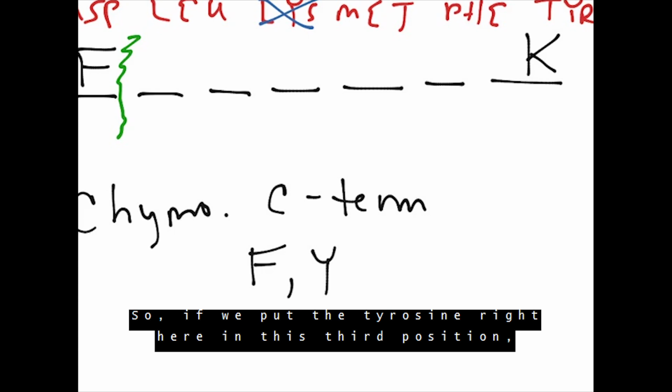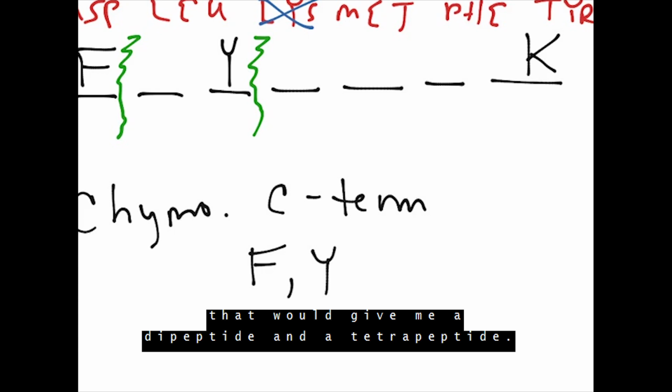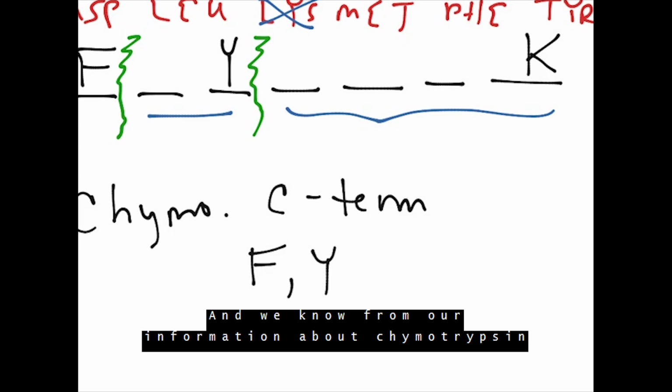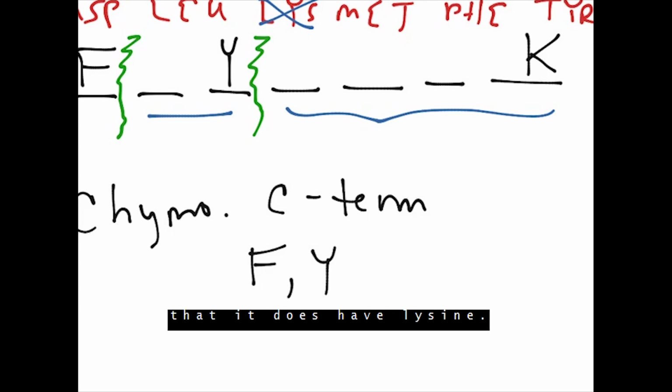So if we put the tyrosine right here in this third position, and we cut after it with chymotrypsin, that would give me a dipeptide and a tetrapeptide. And we know from our information about chymotrypsin and the composition of the tetrapeptide that it does have lysine, so this way makes sense so far.